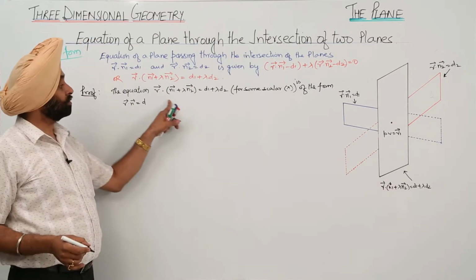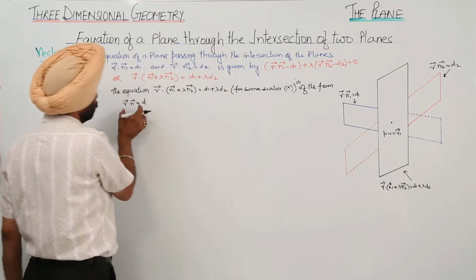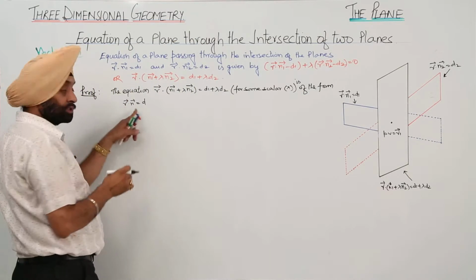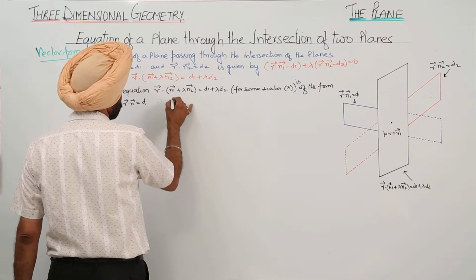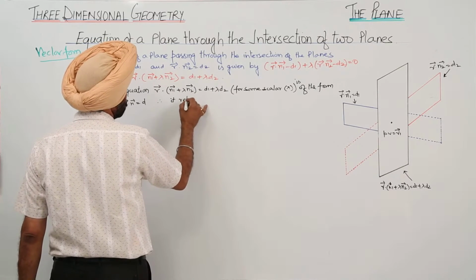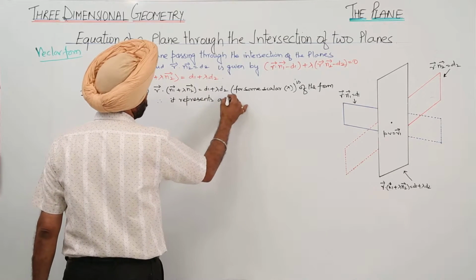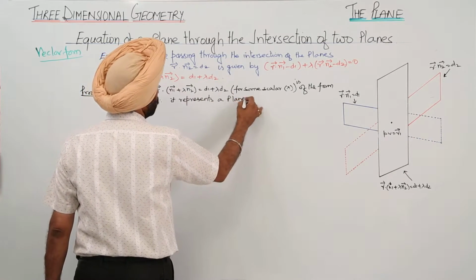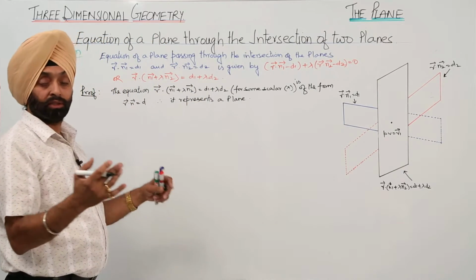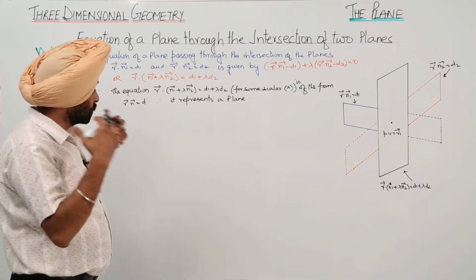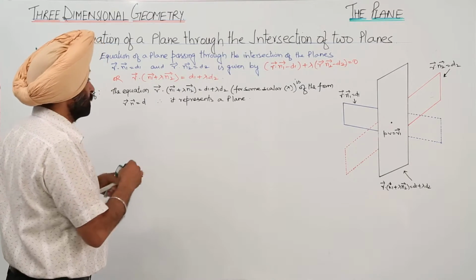Now this equation is of the form this one, and this is the equation of a plane. Therefore it represents a plane. Now what I mean to say is that this equation represents the equation of a plane.